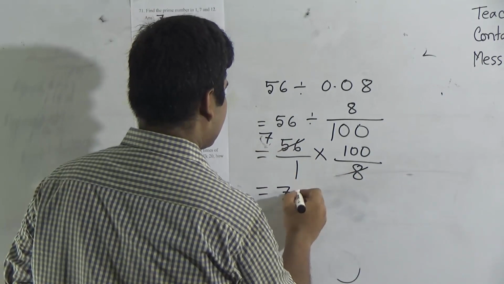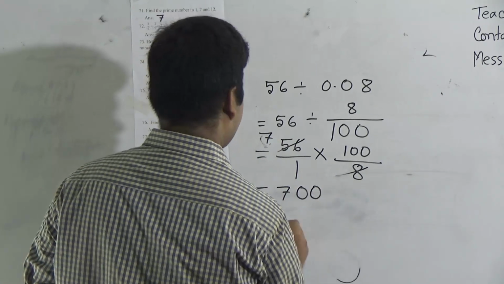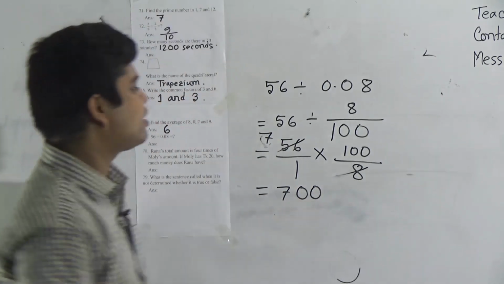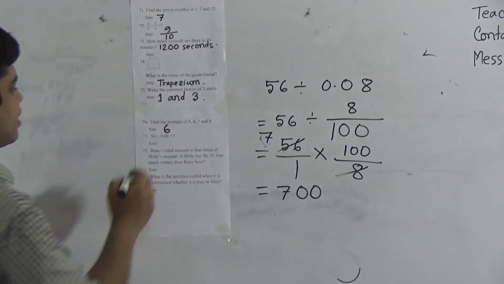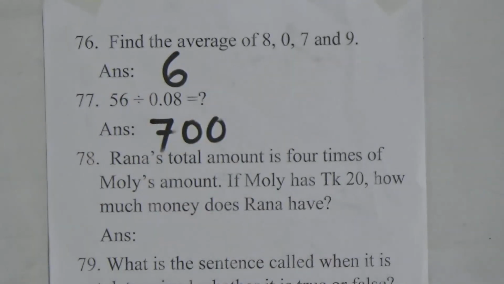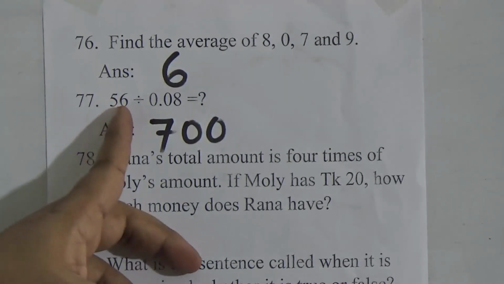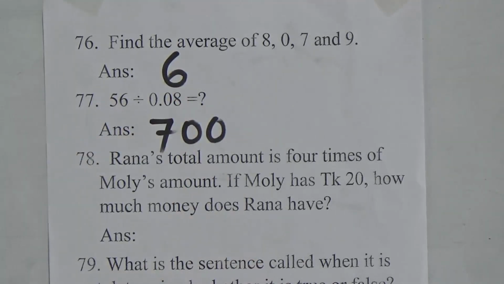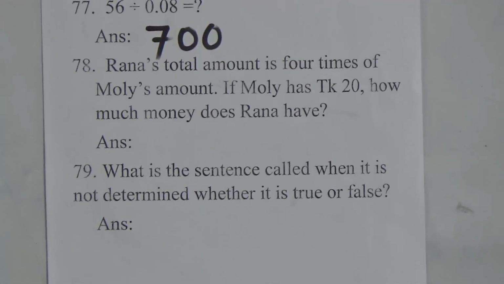Now we multiply 7 with the 100, and 700 is the answer. That means 700 will be the quotient if we divide 56 by this number. Okay, my dear students.